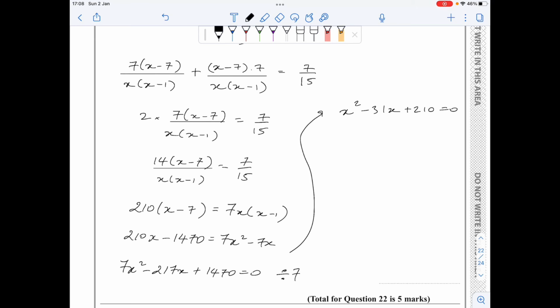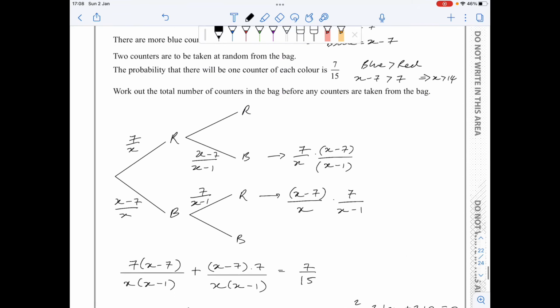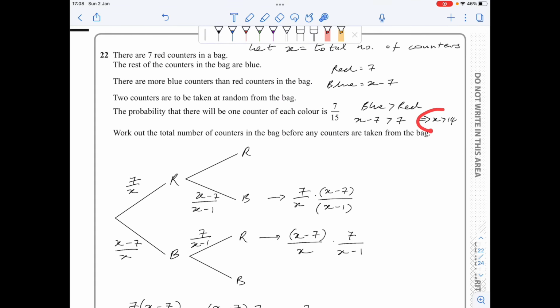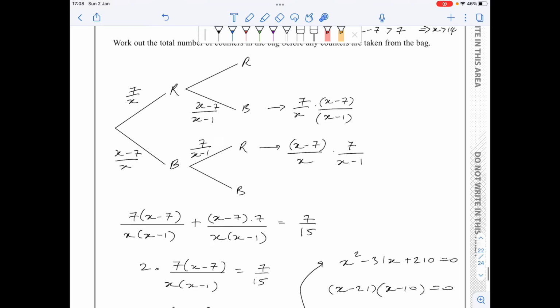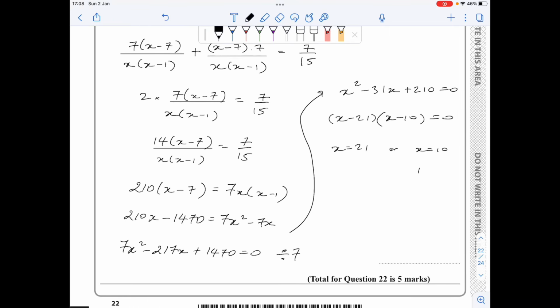Now you can use any method to solve this quadratic equation, either factorization or the quadratic formula or completing the square. I will factorize, and I'm going to get x minus 21, x minus 10 equals 0. So x is 21 or x equals 10. Remember at the beginning we saw that x should be bigger than 14. So I'm going to reject x equals 10. So my answer is 21.